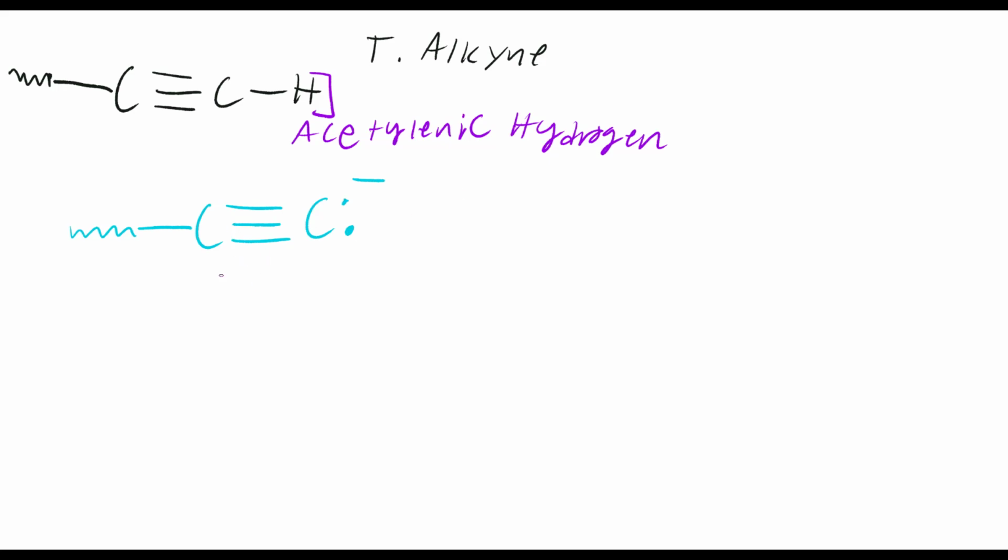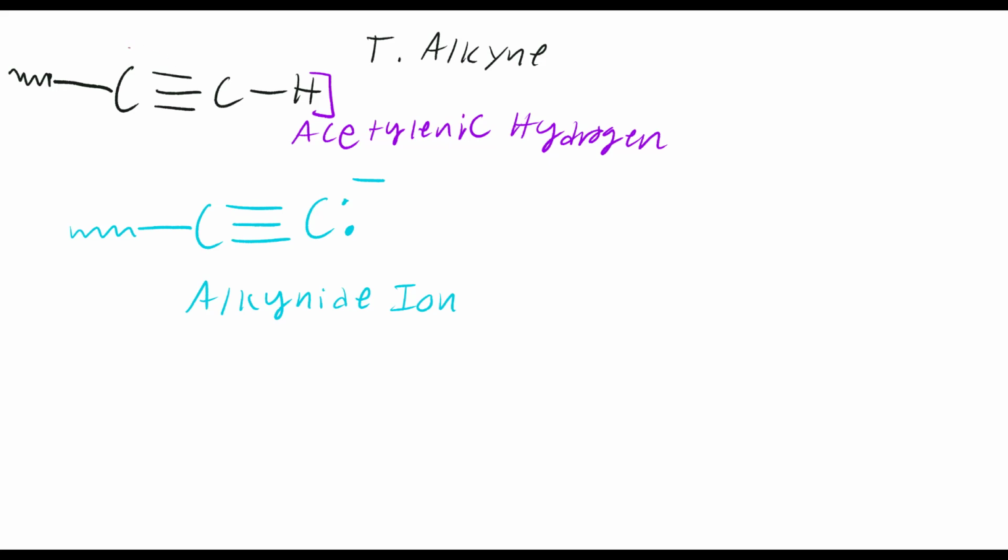But this molecule that you have here after doing an acid reaction is called an alkynide ion. And I mean, it's pretty good. It's the best one for carbons and hydrogens. It's better than a single bond and it's better than a double bond, right?